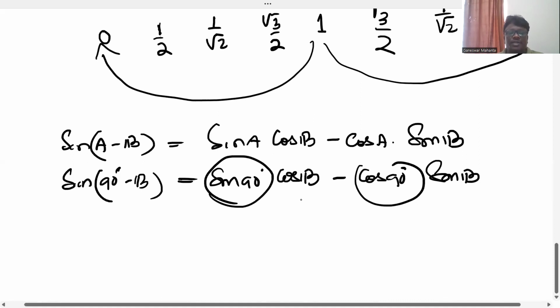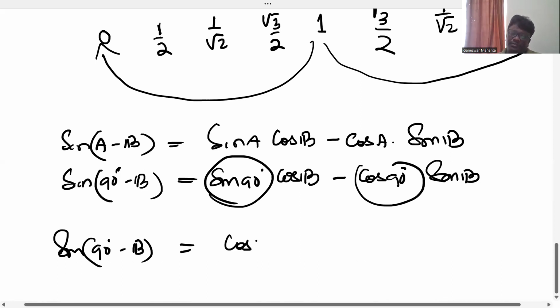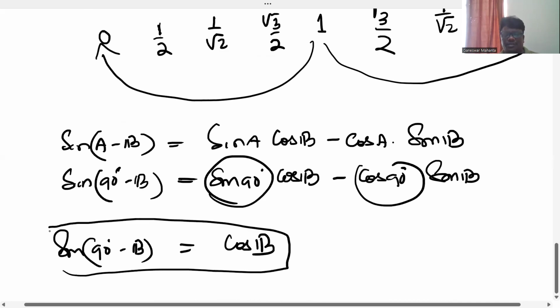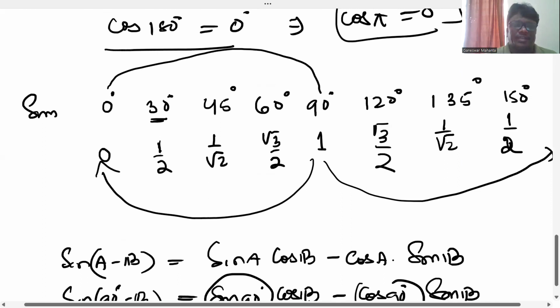Sine 90 minus B is also cos B. So sine 90 minus theta is cos theta. That is another formula for sine functions.